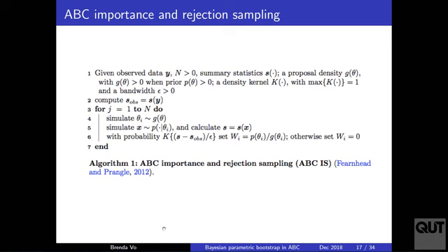So here you start with a proposal density g(theta), given the data Y and the summary statistic S, so we call S observed, which is equal to S of the data Y. What we do is we simulate theta i from the proposal density, and then you simulate the data set, compute the summary statistics for that simulated data set, and then according to whether they are close to the observed summary statistics or not, you give the weight, otherwise the weight will be 0.